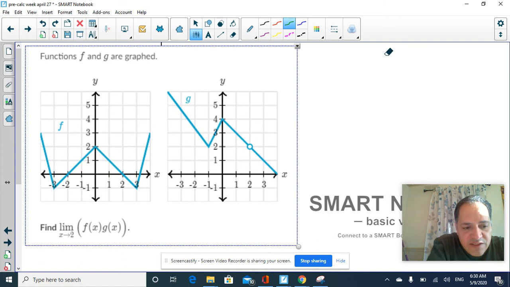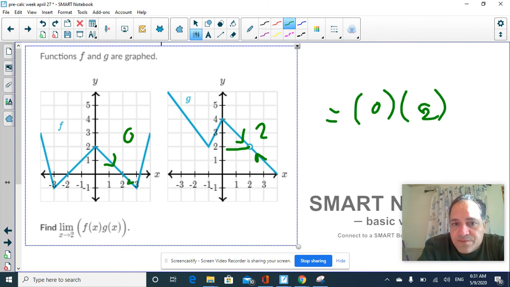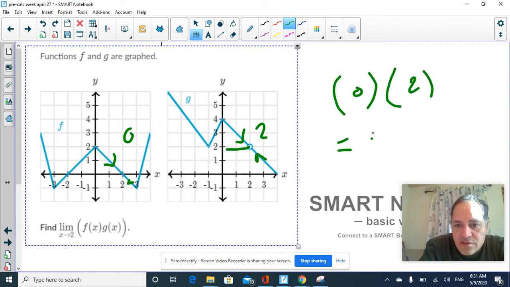So the limit of f of x when x approaches 2 equals 0. The limit of g of x when x approaches 2 is 2, from left and right. To find the product, it means the limit of the first multiplied by the limit of the second. So 0 multiplied by 2 equals 0.